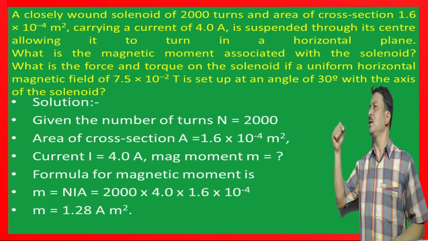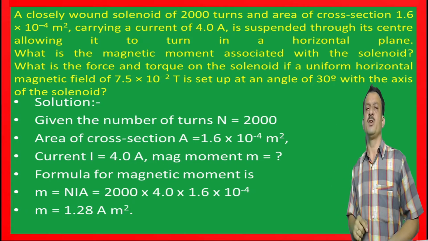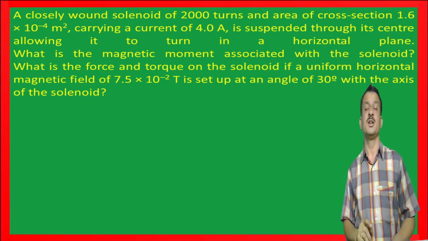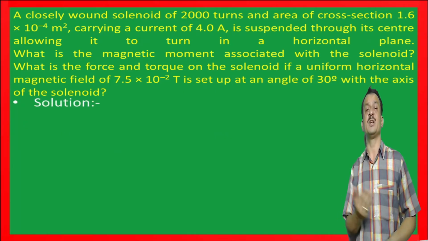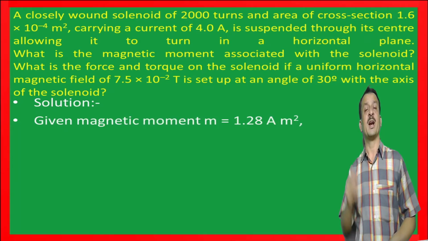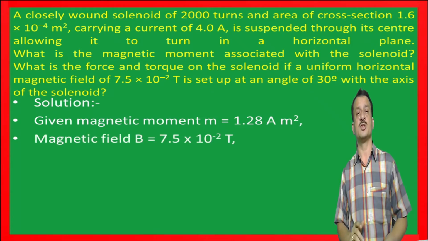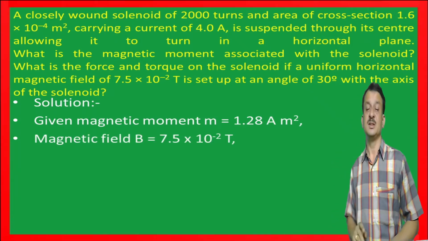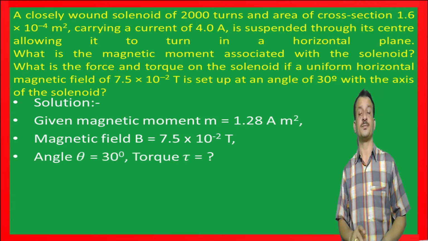Now we have to work out what is the force and torque. Now it is placed in an external magnetic field, then it experiences a torque. Now the magnetic moment is given 1.28 ampere meter square, and the magnetic field, external field, is given 7.5 into 10 to the power of minus 2 Tesla. Now angle is 30 degree, then we have to work out what is the torque.